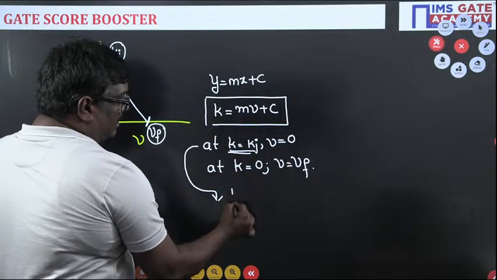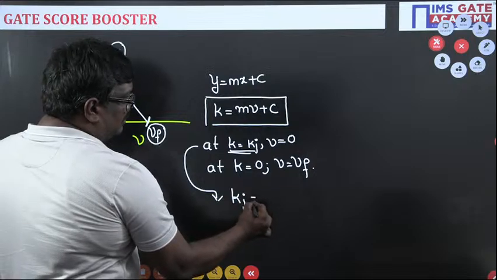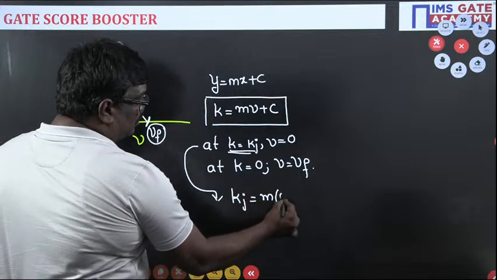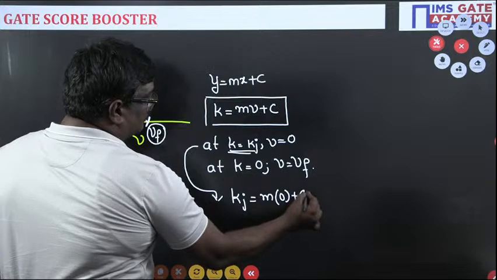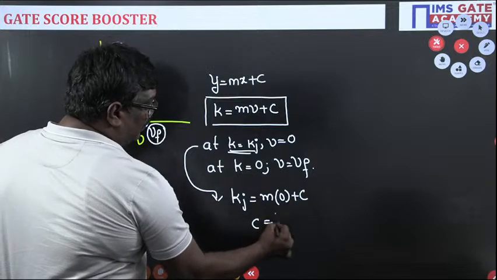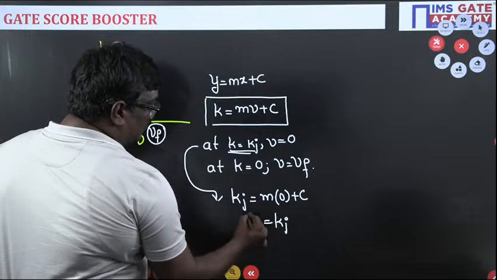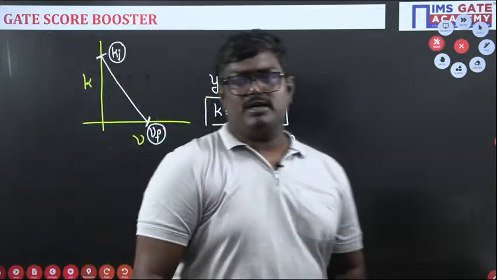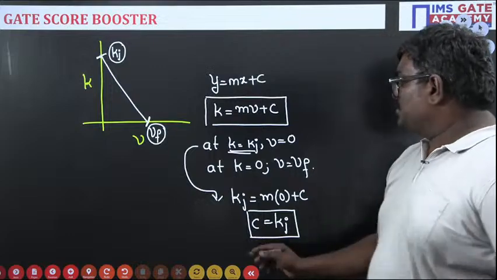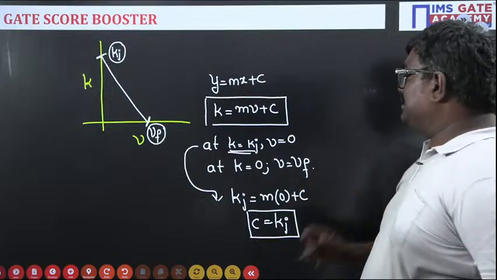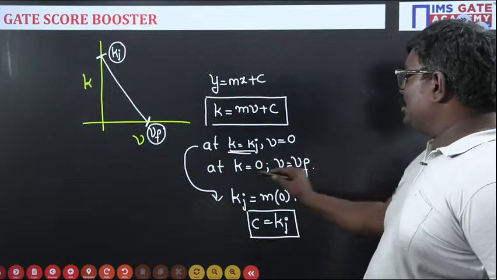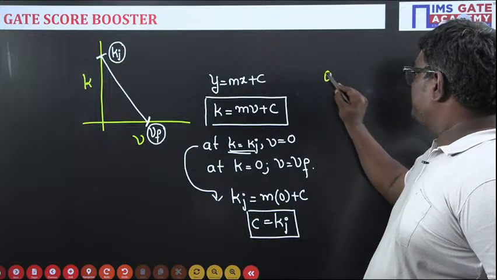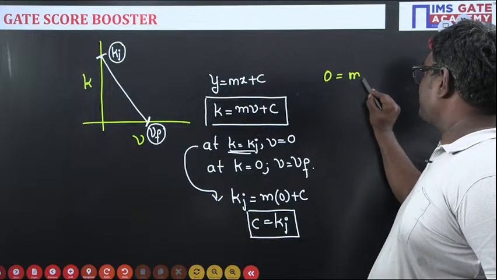So k will be equal to kj is equal to m into 0 plus c. So c will be equal to kj here. Are you following, students? Okay, very good. So here you got c is equal to kj.